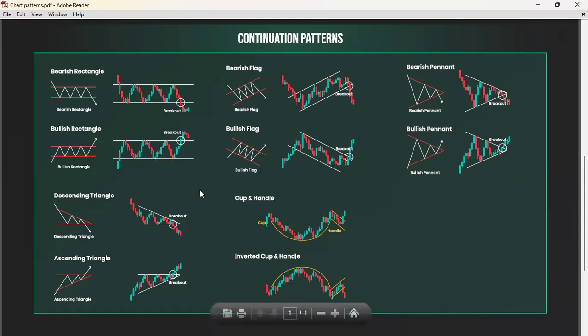So the first one is the bearish rectangular. Most of them are in consolidation. I told you one of my strategies is for consolidation. I love consolidations because when they break out, the movement is very momentum-driven, very massive. The rectangular consolidation can be as long as they can take.